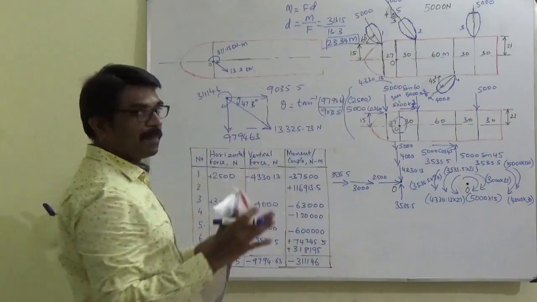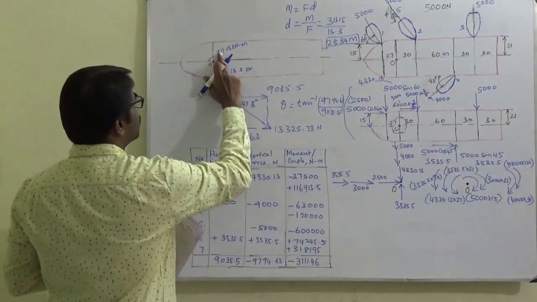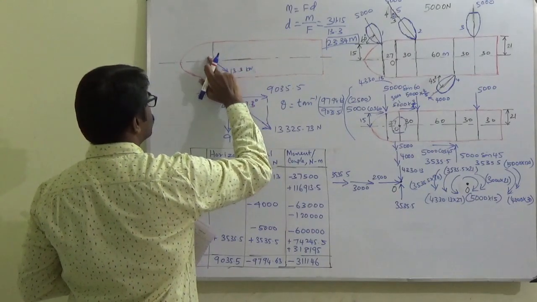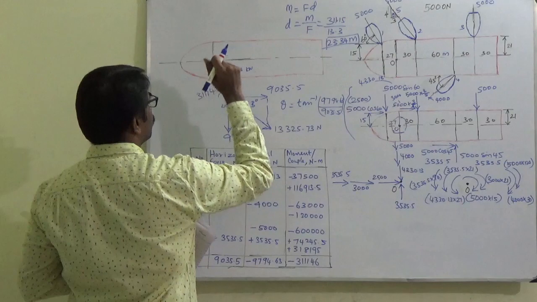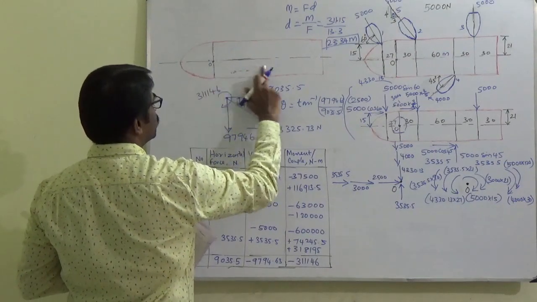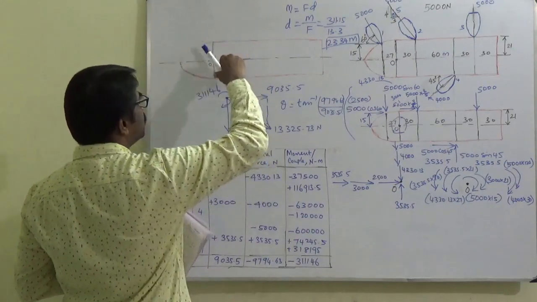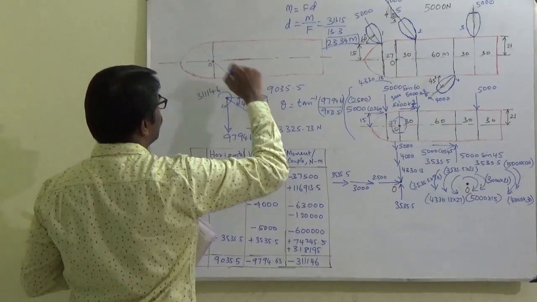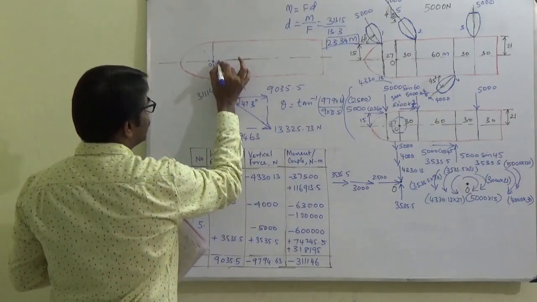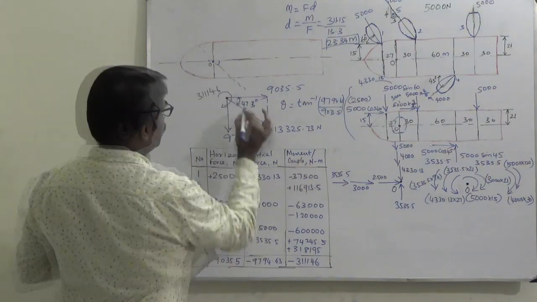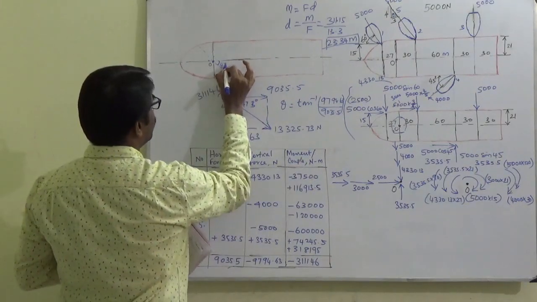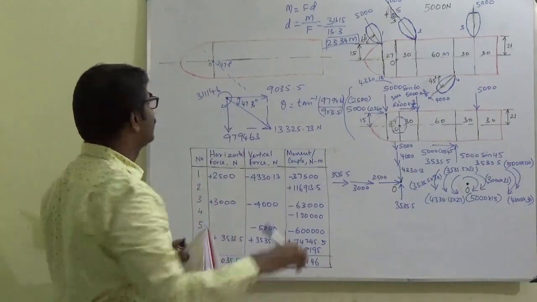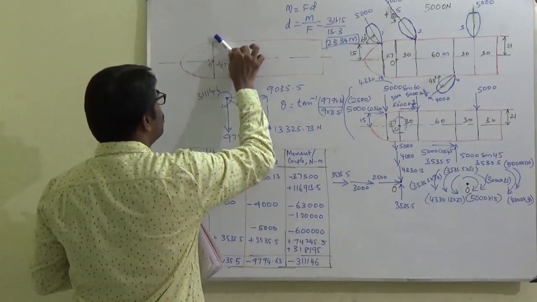Okay. Now what am I going to do? I am replacing this couple. I am replacing this force. Where am I going to place it? From here, this initial line of action, that is this angle, 47.3. That angle cannot be changed, but the force will move.